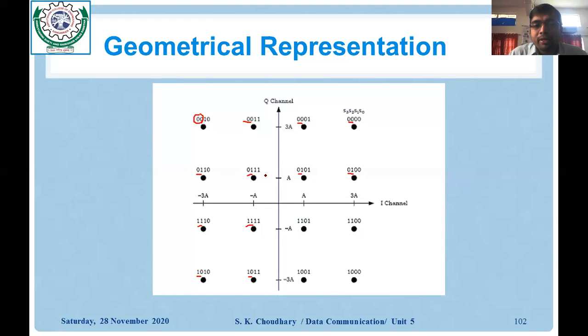In a similar way, the in-phase components are also fixed here: 0 0, 0 1, 1 1, and 1 0. Similarly, 0 0, 0 1, 1 1, 1 0. In the same way, all four rows are covered. So this is one way to represent the geometrical representation of the QASK signals. All these 16 symbols can be represented in the in-phase and quadrature channels, and each single vector has a distance of either A or 3A from the origin.